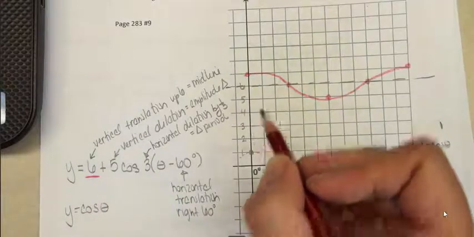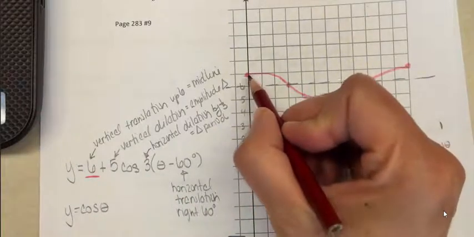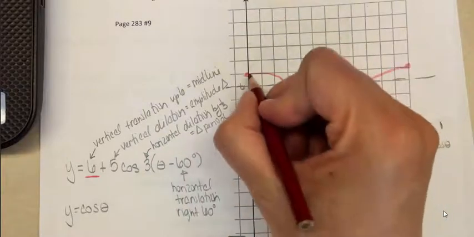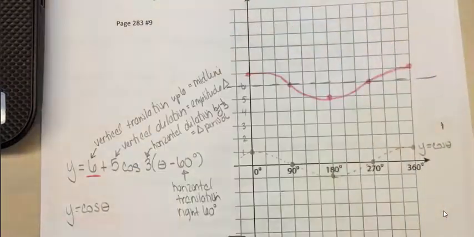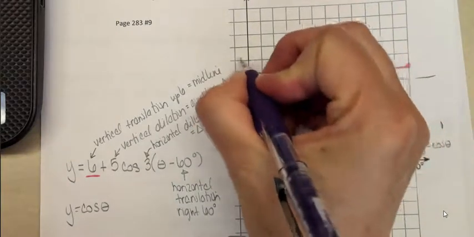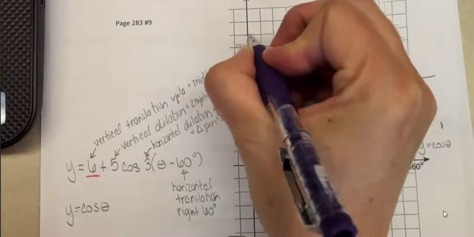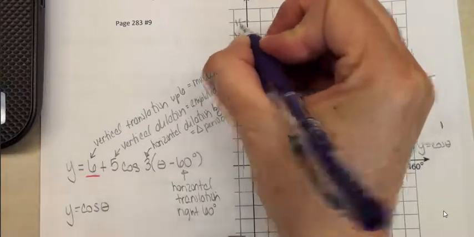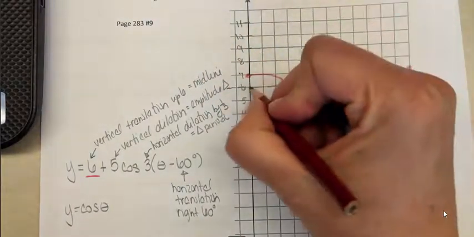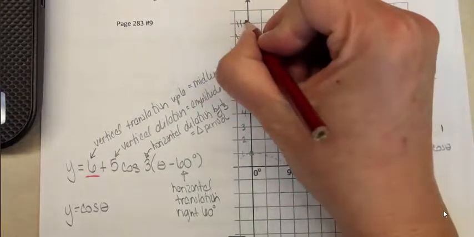So instead of going from the midline up just 1, I'm going to go up 5. So 1, 2, 3, 4, 5. That's 11. Let me mark that. From the midline, I'm going up 5.